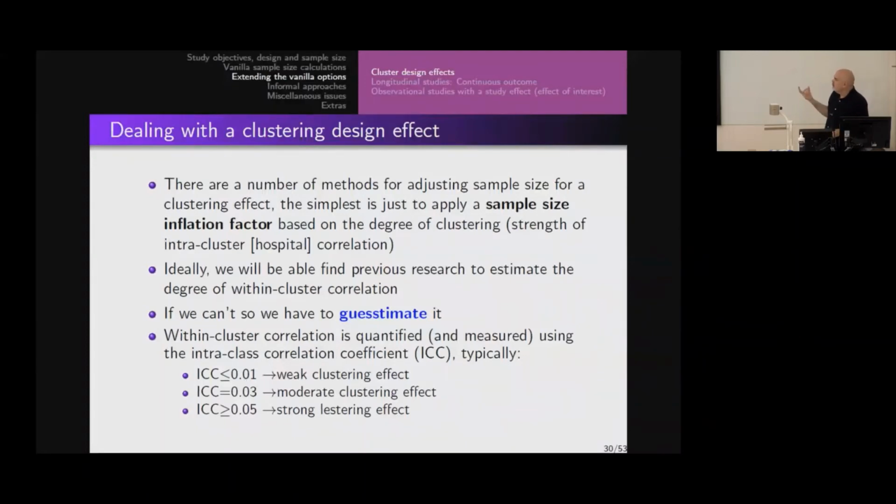We use what's called an ICC, which is the intra-class correlation coefficient, or we could call it the intra-cluster correlation coefficient, or intra-hospital correlation coefficient. But typically speaking, an ICC of 0.01 is considered a weak clustering effect, 0.03 a moderate, and 0.05 a strong. And I think generally, which one would I choose? I would think about the variable itself, okay?